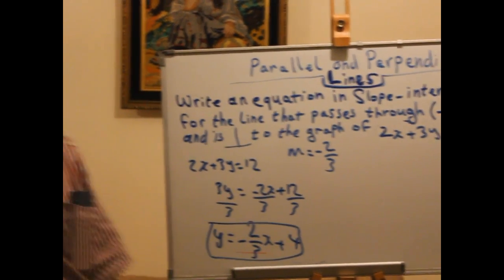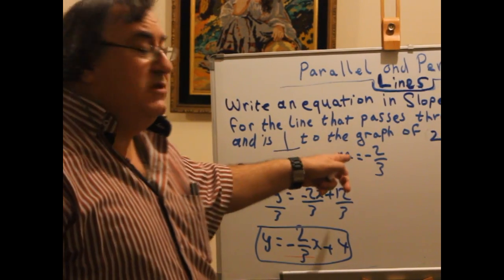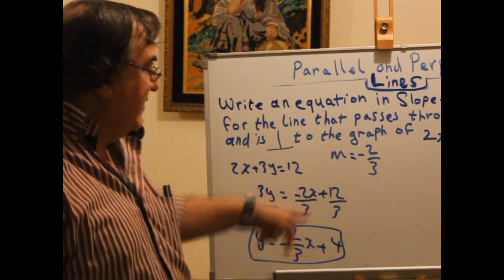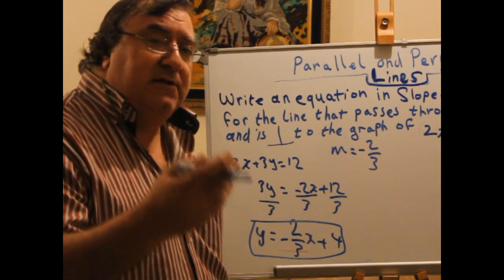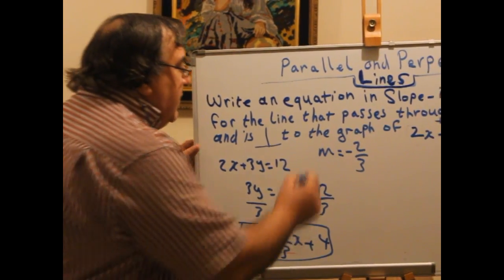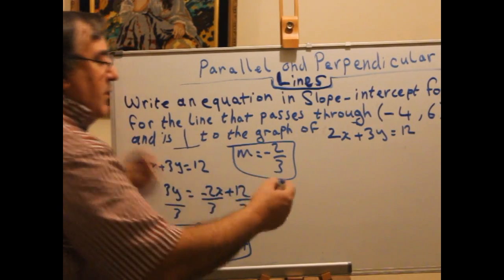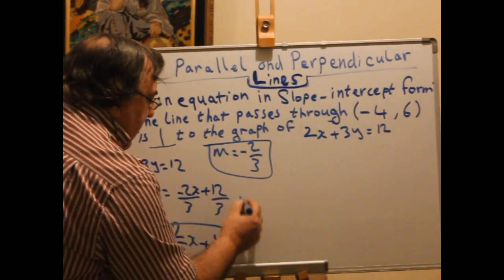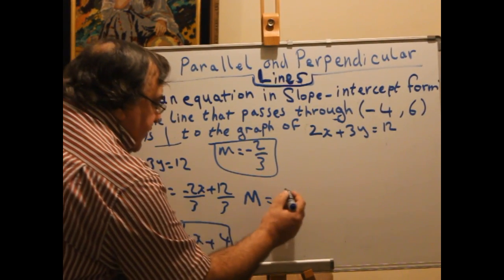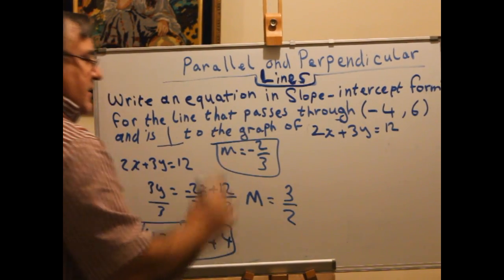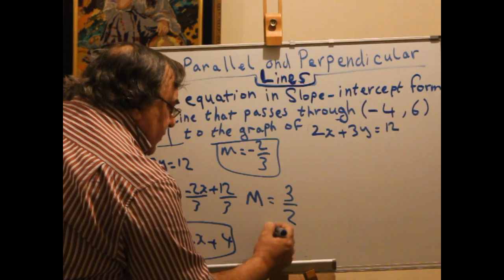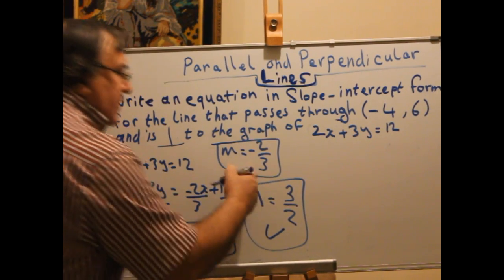Now, do I use the same slope? No, that is the slope of the first line. The line whose equation I'm going to write will not have this slope. It will be the reciprocal. So the m I'm going to need now is 3 over 2, with the opposite sign, positive. That's the one I'm going to use now, not this one.